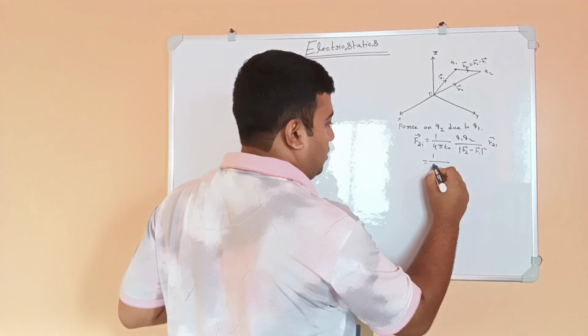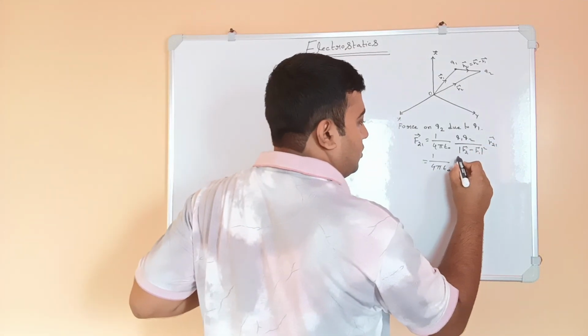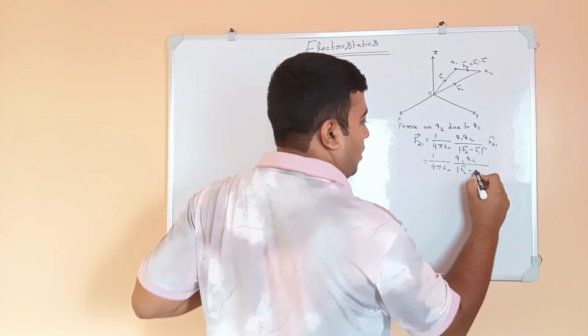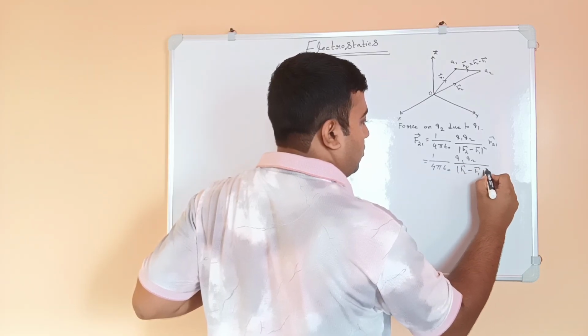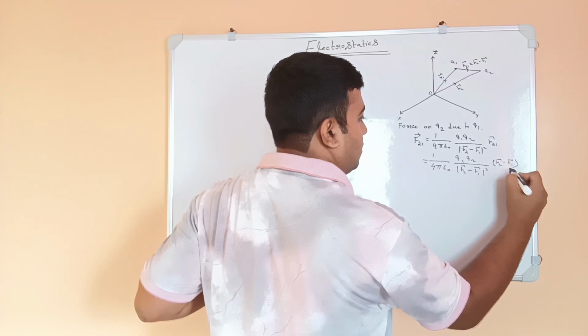If we write it in the vector form, this is Q1 Q2 by R2 minus R1 whole cube into the R2 minus R1 vector.